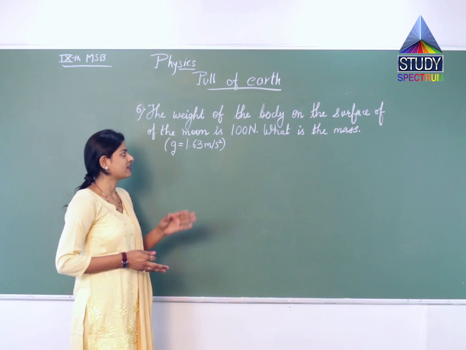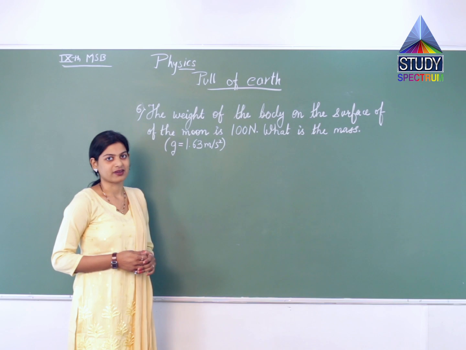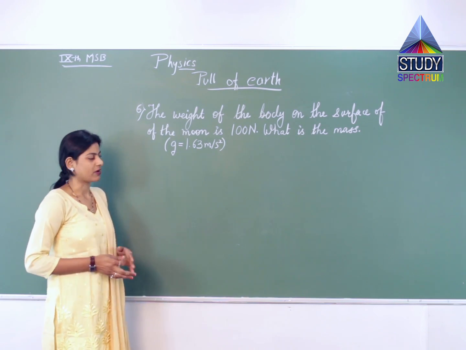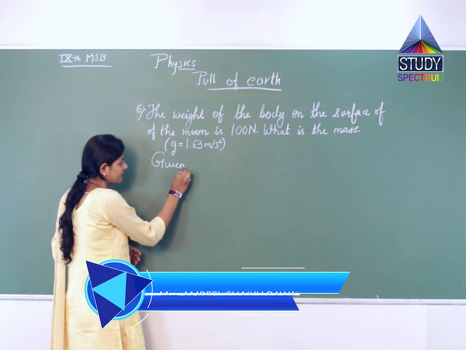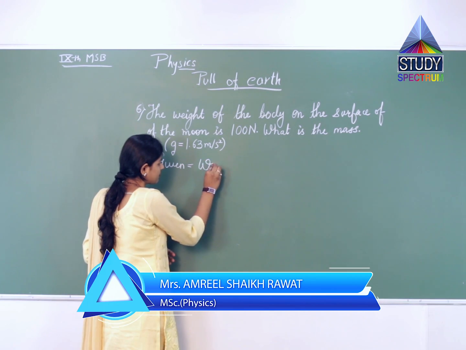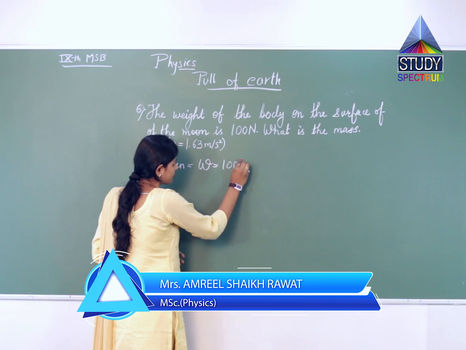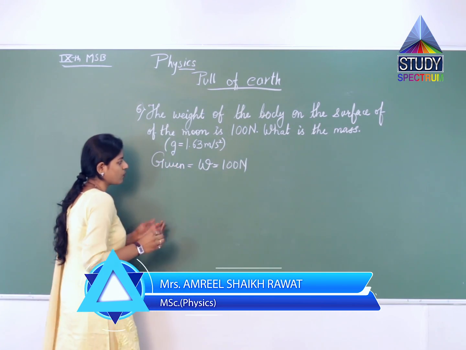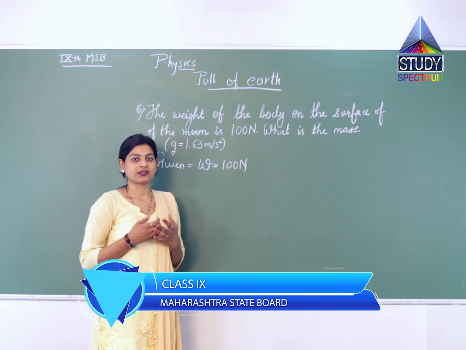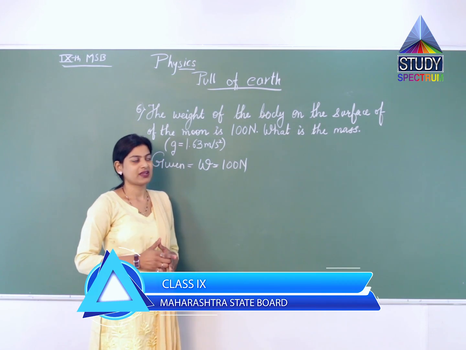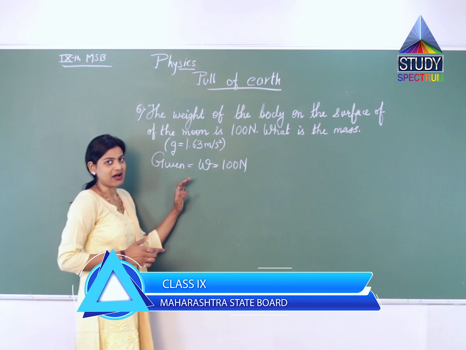The weight of the body on the surface of the moon is 100 Newton. We have to find what is the mass of that body. So we will first write the given data, which is only the weight, that is W, is 100 Newton. Now weight is the gravitational force acting on a particular mass.